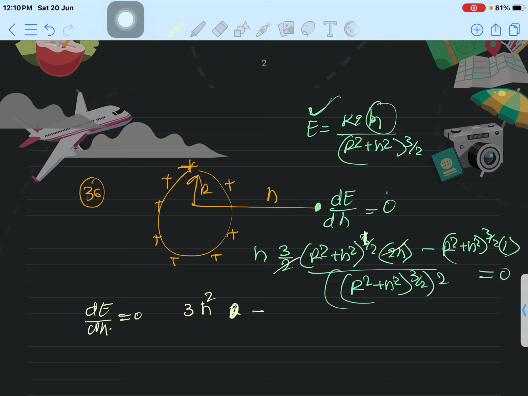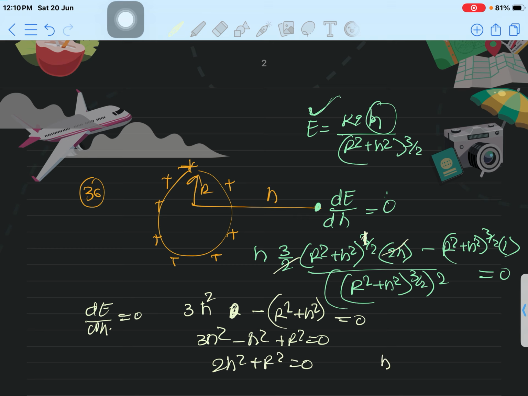Then in this term, we have taken (r square plus h square) power 1 by 2 as common, so the remaining is r square plus h square, equal to 0. So 3h square minus (h square plus r square) is equal to 0. So 2h square minus r square is equal to 0. Then h is equal to r by root 2, sir.